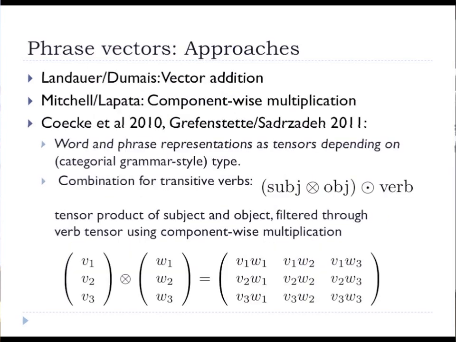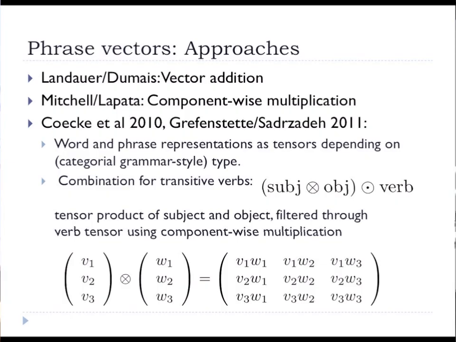And the simplest methods are actually, funnily, the same ones as you've seen above: vector addition and component-wise multiplication. And actually, they are better described as methods for getting a phrase vector than methods for getting a word vector in context.